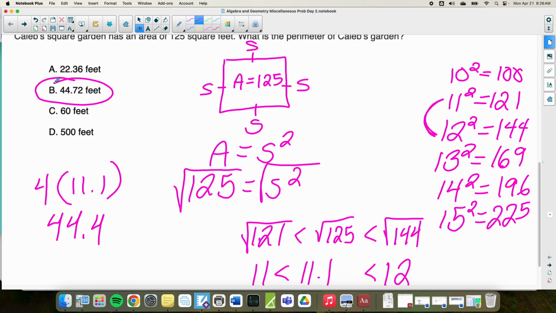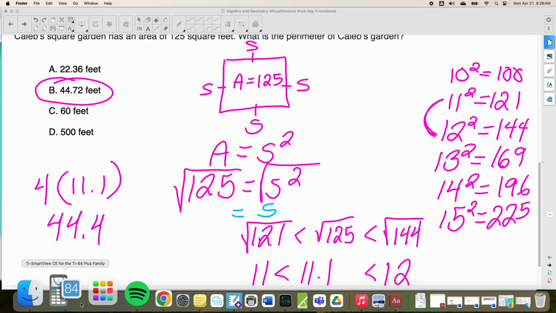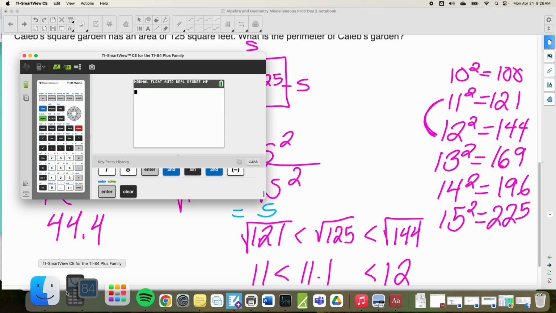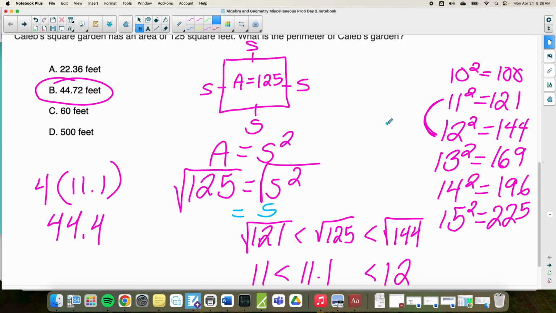Just so you know, the square root of 125 on our calculator is 11.18.